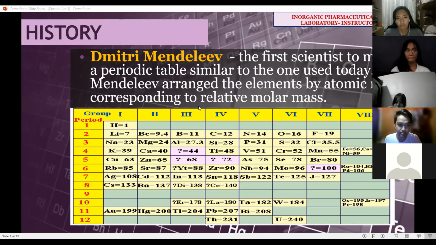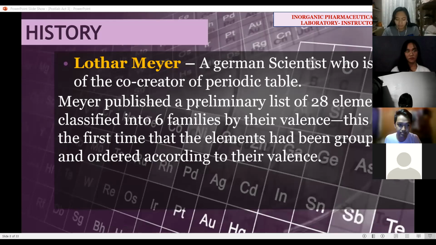Pero again, Dmitry Mendeleev, increasing atomic mass ang pag-arrange niya. And that is actually true with Lothar Meyer. Ang gihimo pud ni Lothar Meyer, ano pud gihapon, he also arranged the periodic table according to increasing atomic mass. Atomic mass gihapon. That is the reason why there are some books na ginasabay ni ilahang pangalan ni Dmitry Mendeleev.